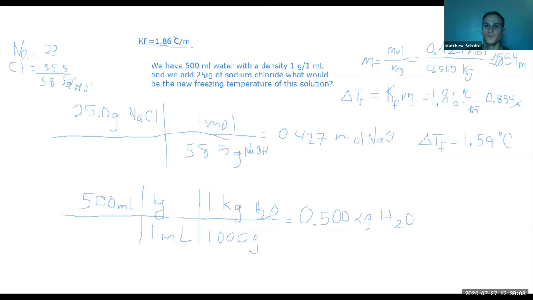0. So we say TF1 is equal to 0. So delta T is going to be TF1 minus TF2. And we're saying that is equal to 1.59.